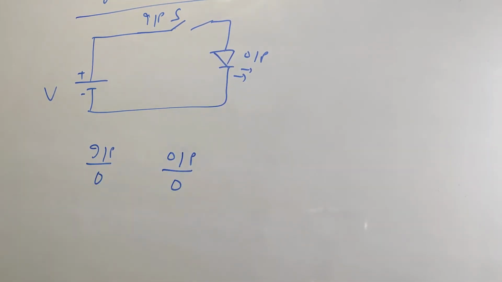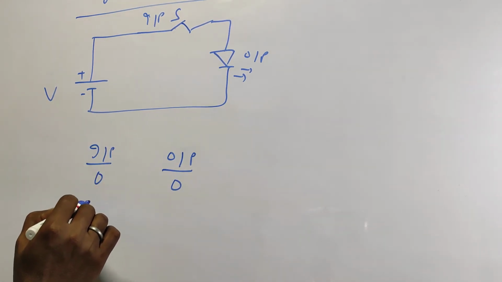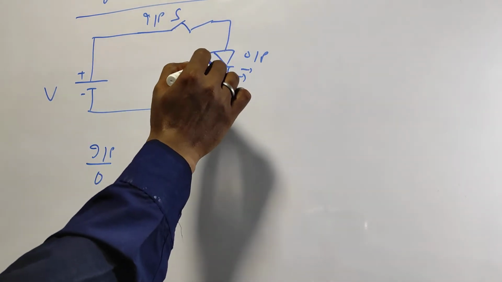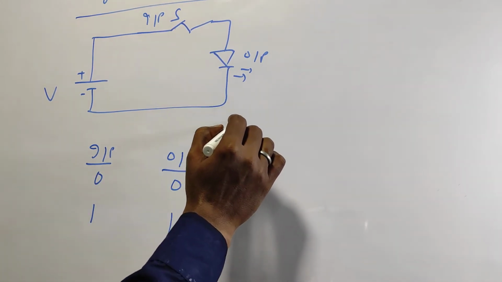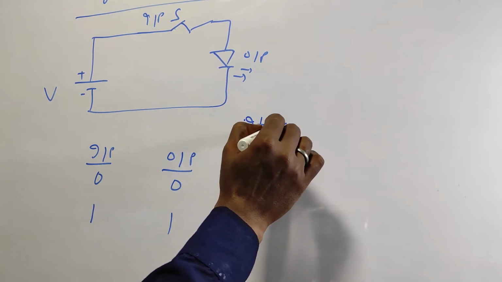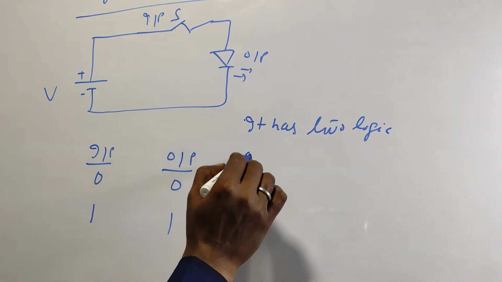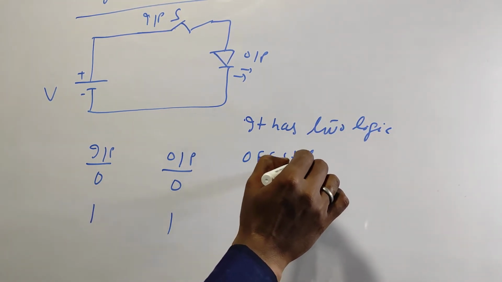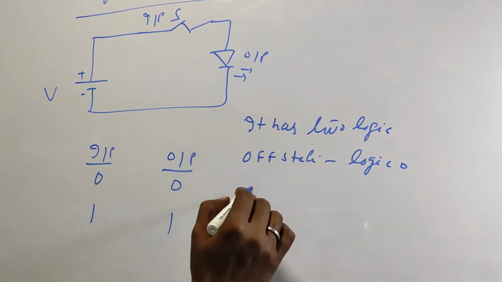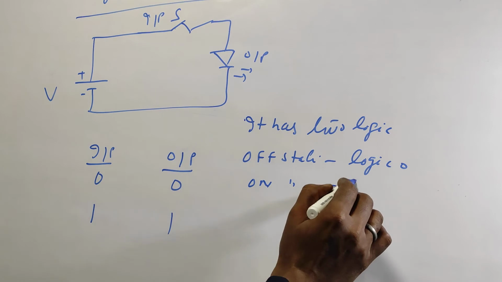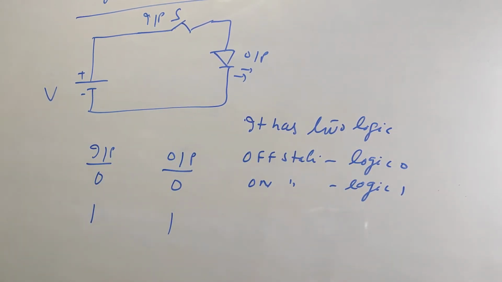When the switch is closed, the logic is 1, and the output LED will be on. That means digital has two logic states: off state, logic 0, and on state, logic 1. This is a simple example.